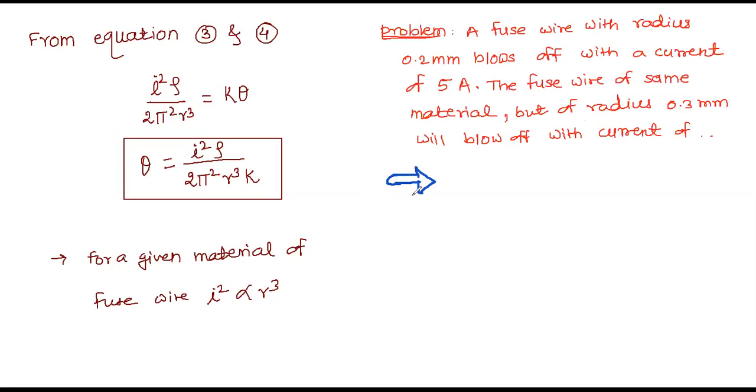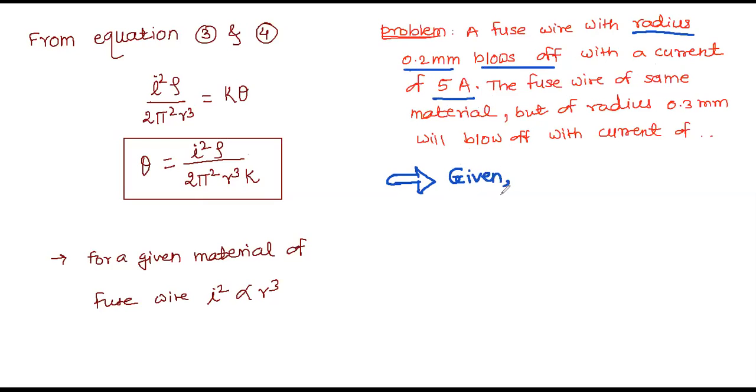Now read the question, see how easy it is. A fuse wire with radius 0.2 mm blows off with a current of 5 ampere. So what is given in this problem?